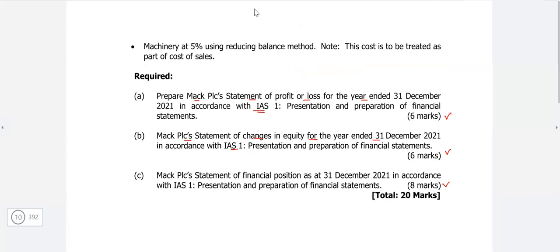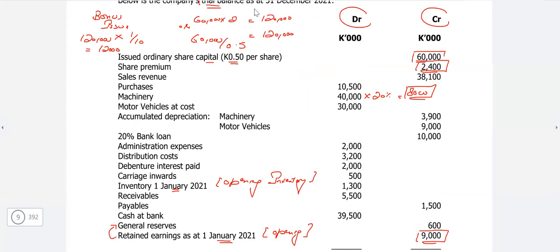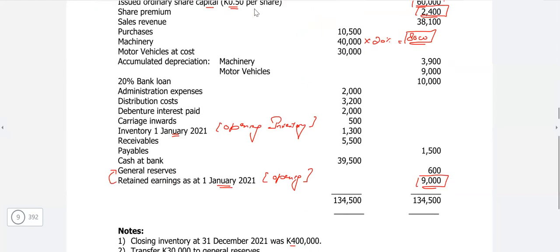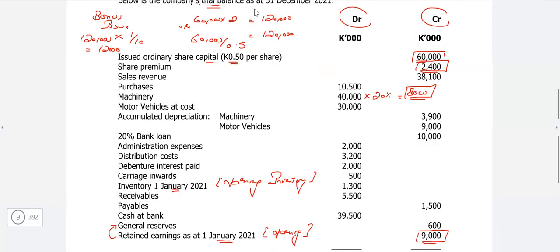Machinery is 5% reducing balance method. Just a minute, the motor van is 30,000. 30,000 into 20% gives you 6,000.